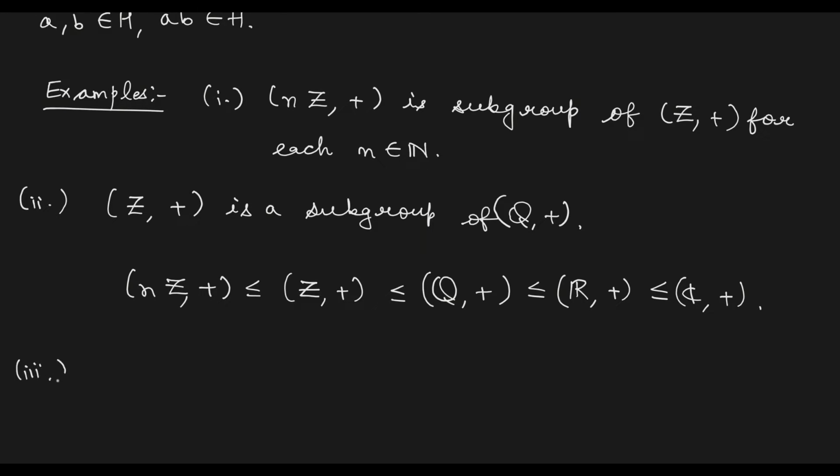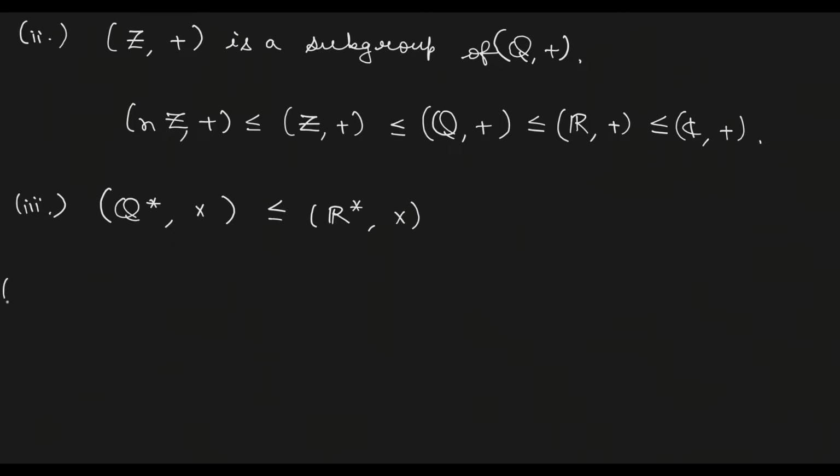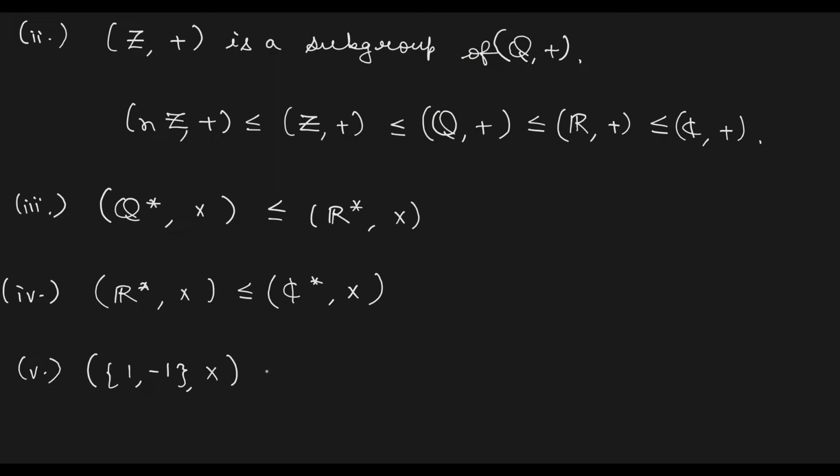And similarly, non-zero rational numbers with respect to multiplication operation is a subgroup of non-zero real numbers with respect to multiplication operation. {1, -1} is a subgroup of {1, -1, i, -i}.